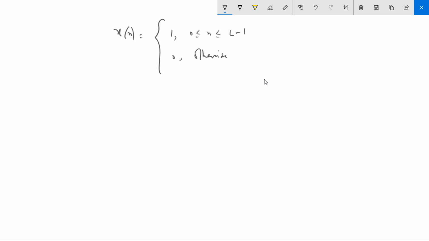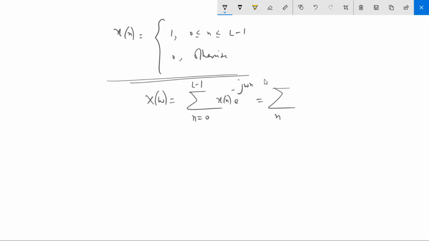To find the DFT of this signal, you can first find its Fourier transform and then you can sample it at omega is equal to 2 pi k by N. So if you find the Fourier transform of this signal, it is n from 0 to L minus 1 x[n] e raised to power minus j omega n. Now x[n] is 1, so it is simply e raised to power minus j omega n.